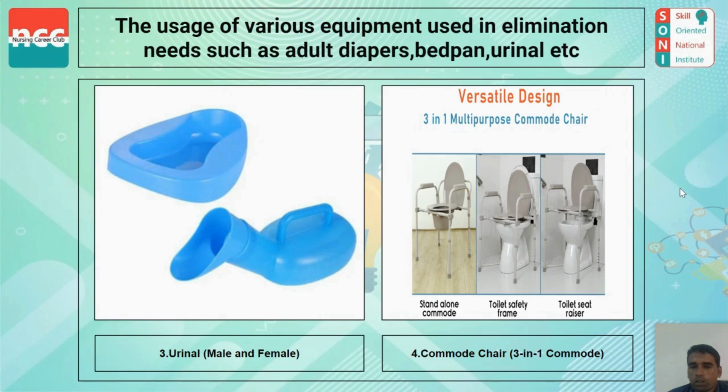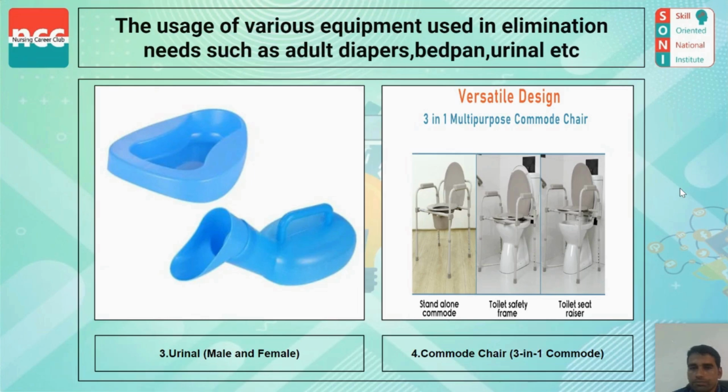And we will talk about the commode chair, the 3 in 1 commode. A commode chair is something on which a patient can sit and pass his or her stool, which means that he can defecate easily on this chair.